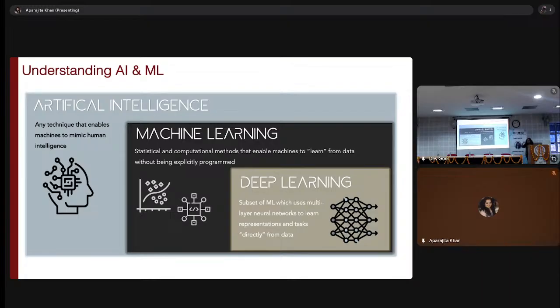It's this interconnected network of neurons which work together in harmony to give you that intelligence. Now if you can come up with a mathematical model of the interconnected cells in our brain, that is able to mimic human intelligence better. So that's why deep learning is that subset of machine learning which uses multi-layer neural networks to directly learn from the data.